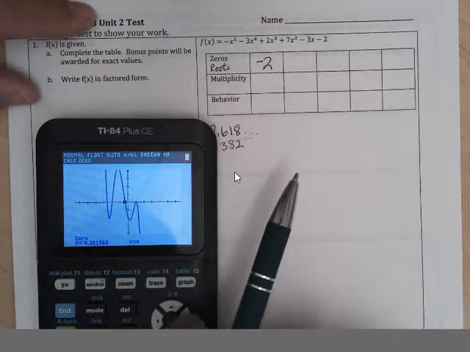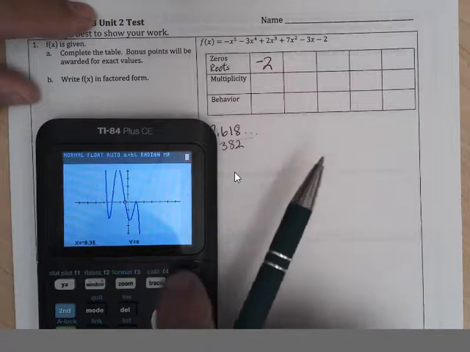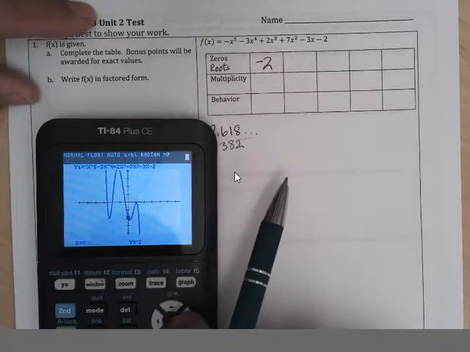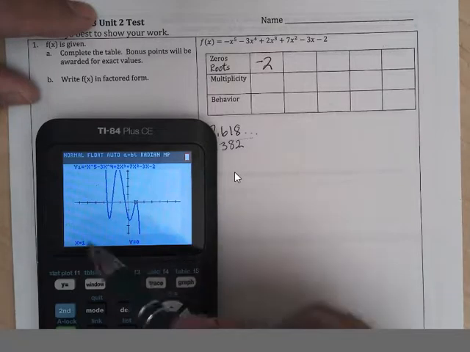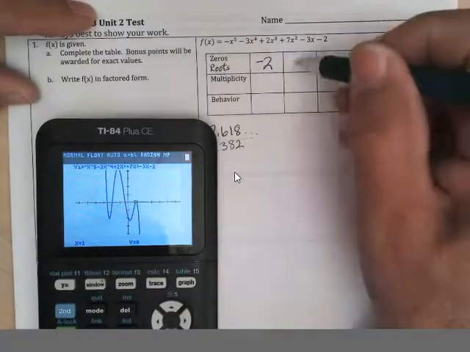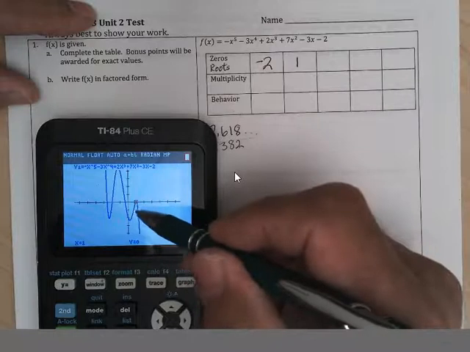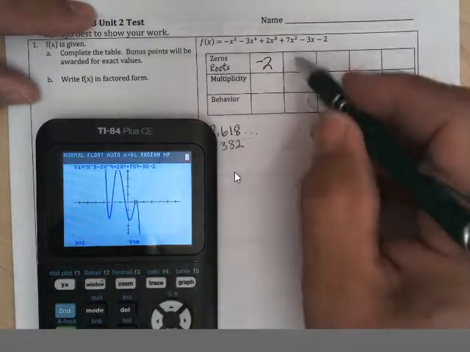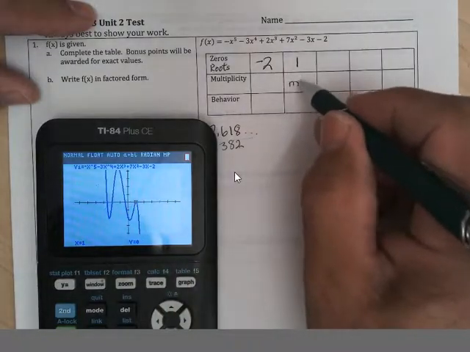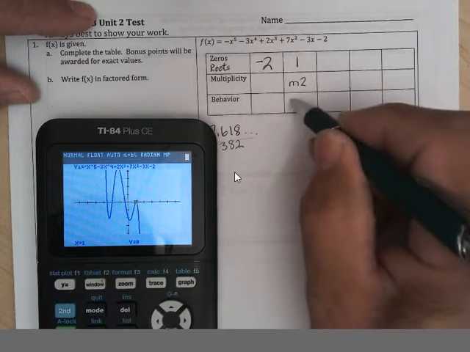But the next one, if I keep tracing, it looks like I got one at 1. Now, at 1, it's bouncing off the x-axis. That tells me that the multiplicity is 2 because it bounced.